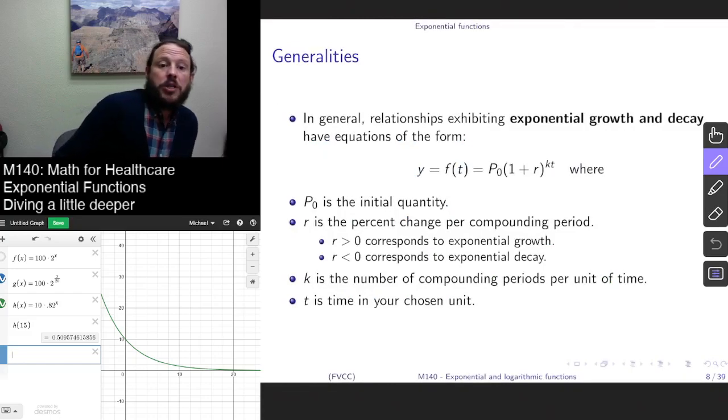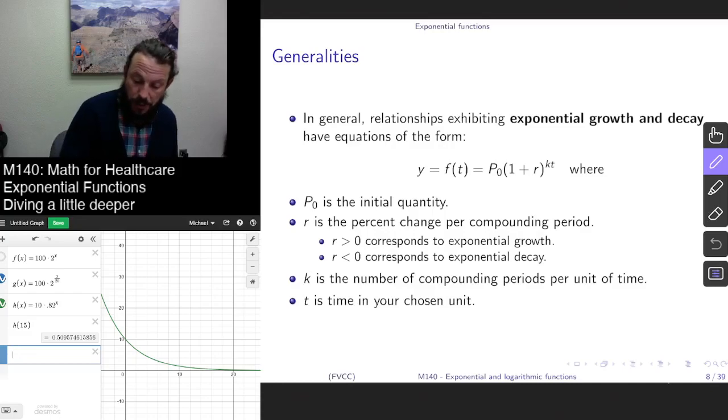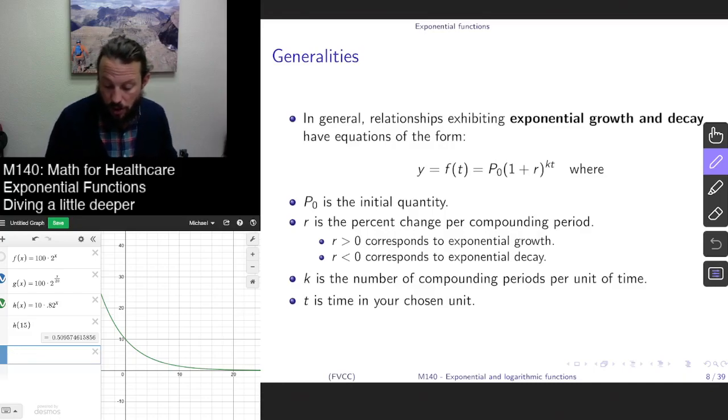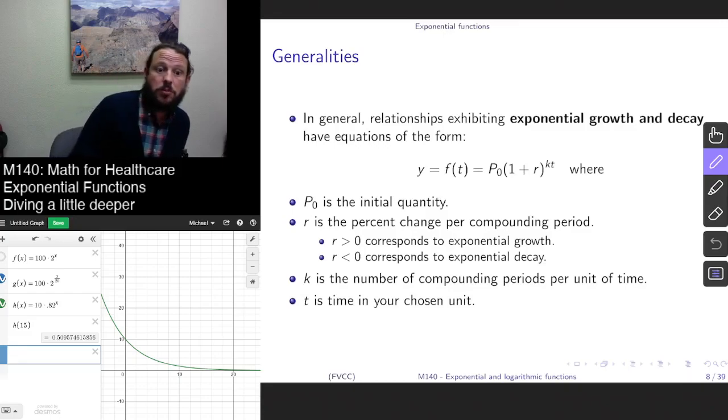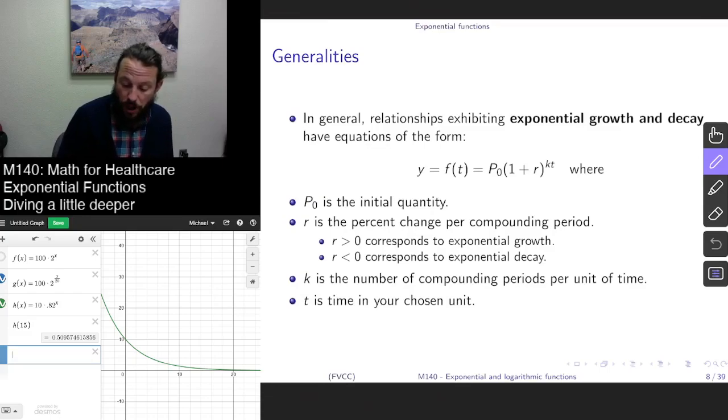In general, relationships exhibiting exponential growth or decay have equations of this form: y equals f of t equals p naught times 1 plus r, where p naught is our initial quantity and r is the rate. If it's an increasing rate, it's positive. If it's a decay rate, it's negative. It should generally be a decimal, somewhere between 0 and 1, and r is the percent change per compounding period.